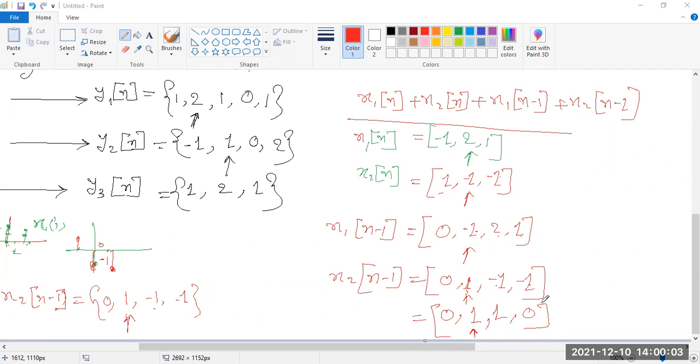So you can see ultimately the output is coming. If I add this, ultimately it is coming only 1, 1, 0. Okay, so 1 1 0 or this type of signal is coming.